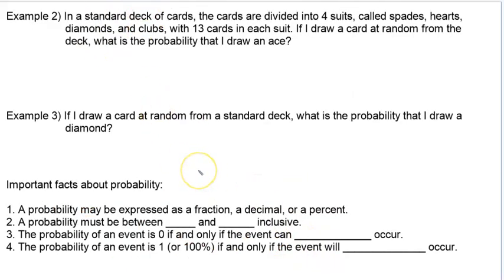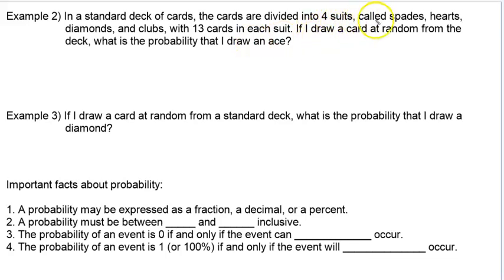Okay, here's another example. The second example, in a standard deck of cards, you probably already know this, but the cards are divided into 4 suits, 4 groups. And those 4 groups are called spades, hearts, diamonds, and clubs. And since there's 4 groups and there's the same number of cards in each group, there's 13 cards in each suit. 13 times 4 is 52. If I draw a card at random from the deck, what's the probability that I will draw an ace?